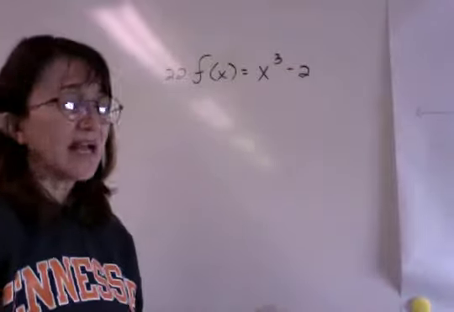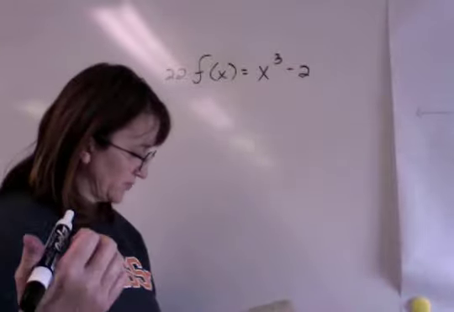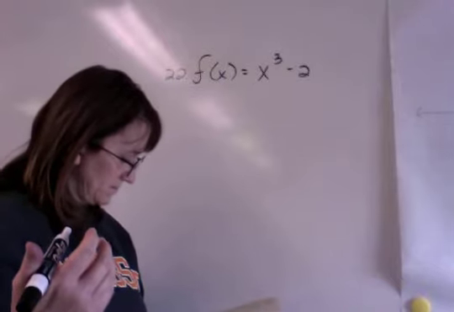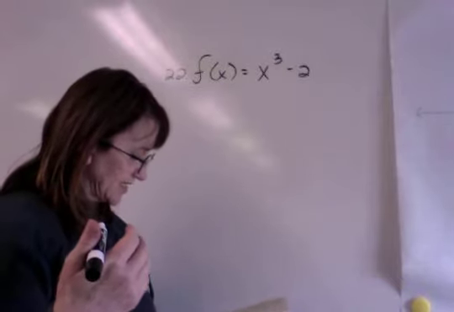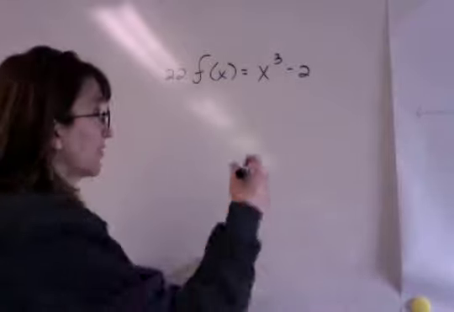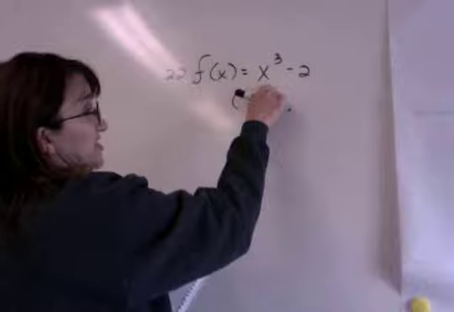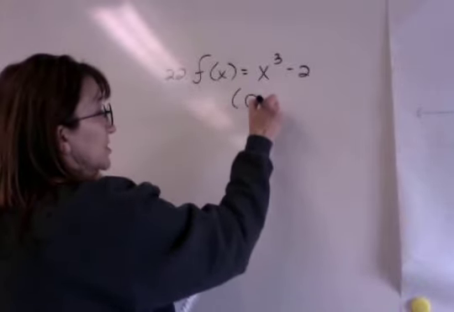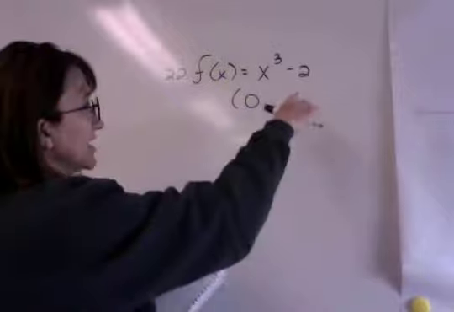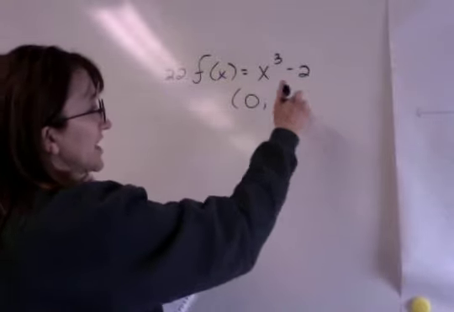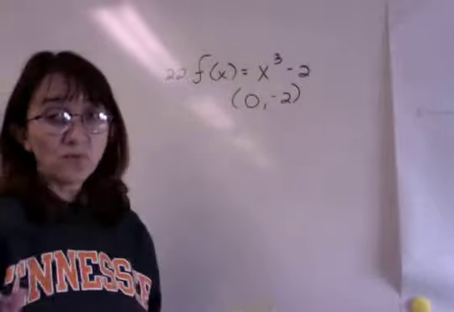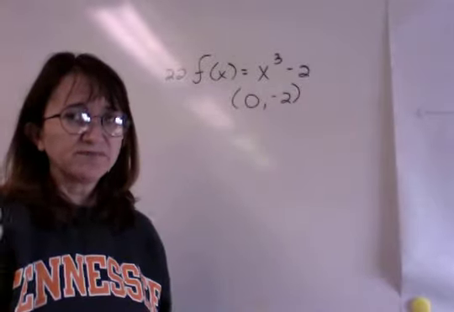Basically, if I was looking at my point of inflection, nothing's happening to x, so it's going to be 0, but I do know at least one thing: this is going to shift down the y-axis 2 places. So if you wanted to go ahead and get that in your brain.